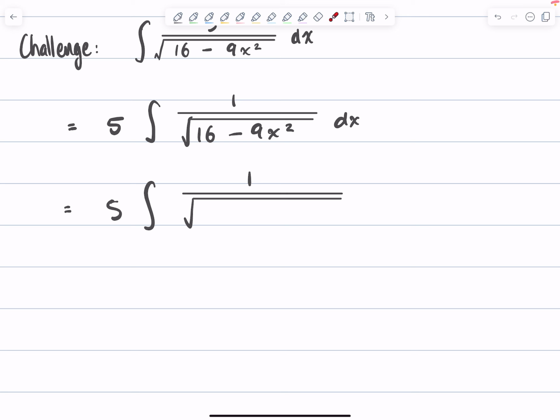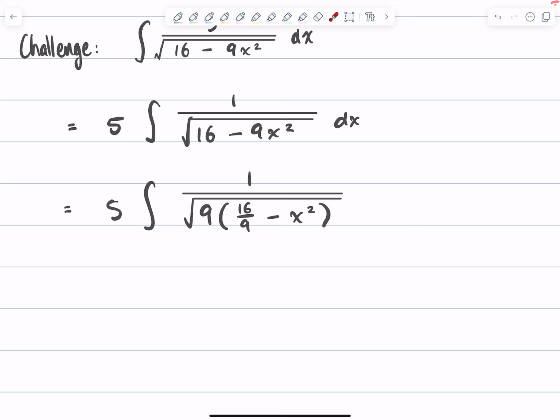I'm going to be factorizing out of both terms the 9. So 9 is going to come outside of, and now 16, when I've taken 9 out, I need to make it 16 on 9, because of course, if I multiply this in, they cancel and I'm left with my 16. And now I'm going to have minus x squared.